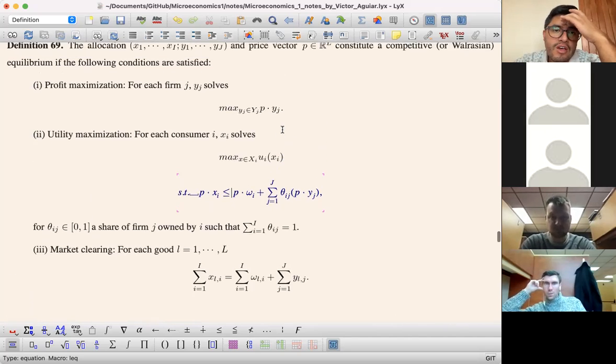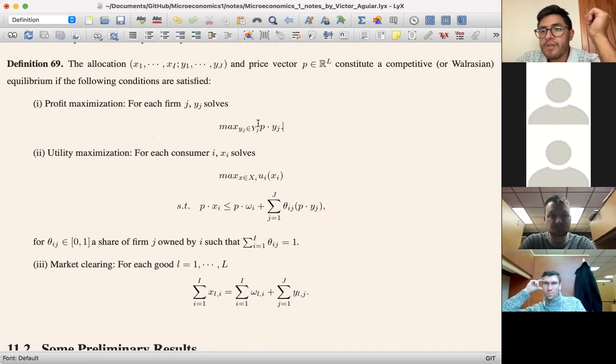Now, if I go to the problem of the firm, the change in prices does not change the technological possibilities, right? So capital Y is the same. The only thing that the alpha scaling, or doubling the prices, is doing is doubling nominally the profits, right? But it's not changing the actual production plan, okay? So it's not changing at all.